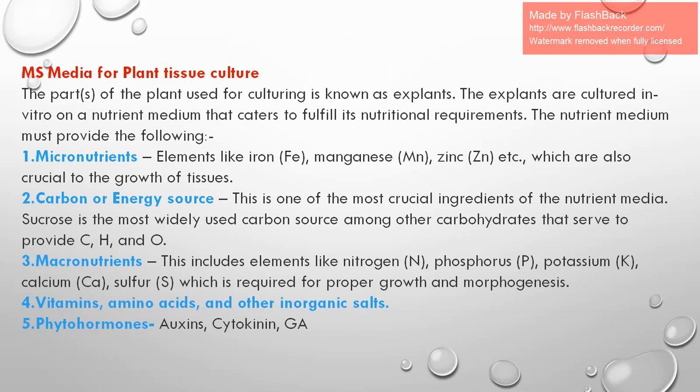Then here we require the MS media. As I have told you, MS media is required in plant tissue culture. This MS media contains micronutrients, macronutrients, vitamins, amino acids, inorganic salts, and phytohormones also.